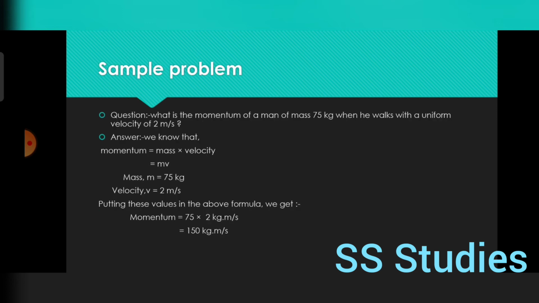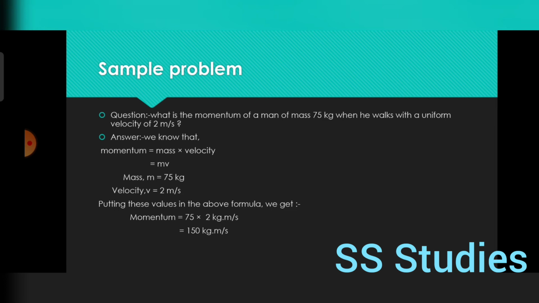Now we'll solve a simple problem about momentum. What is the momentum of a man of mass 75 kg when he walks with a uniform velocity of 2 meters per second? The solution: we know that momentum equals mass times velocity, p = mv, where mass m = 75 kg and velocity v = 2 m/s.